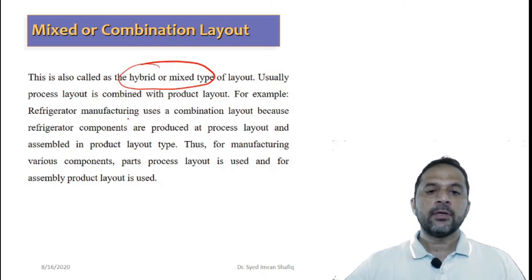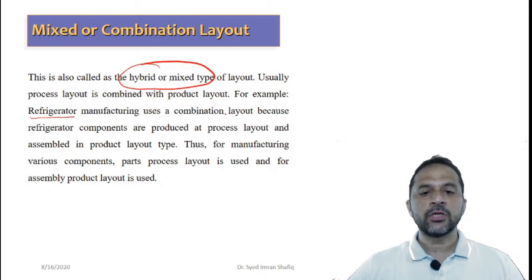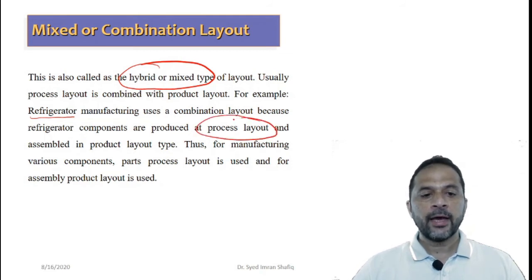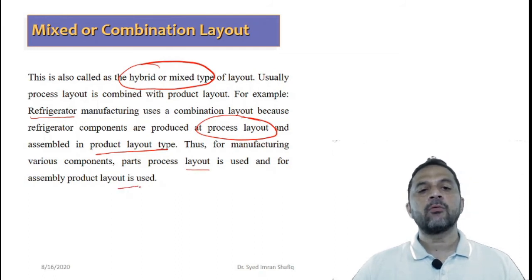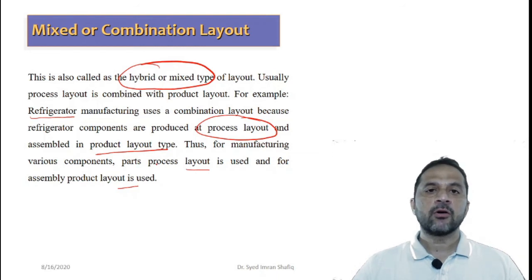For example, refrigerator manufacturing uses combination layout because refrigerator components are produced by process layout and assembly in product type layout. Thus, for manufacturing various components and parts, process layout is used, and for assembly, product layout is used. So if there is a combination of two layouts, it is known as mixed or combination layout.